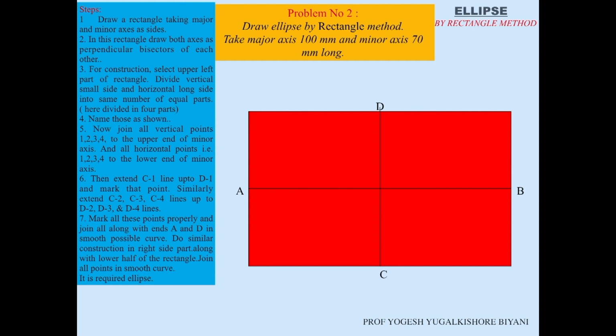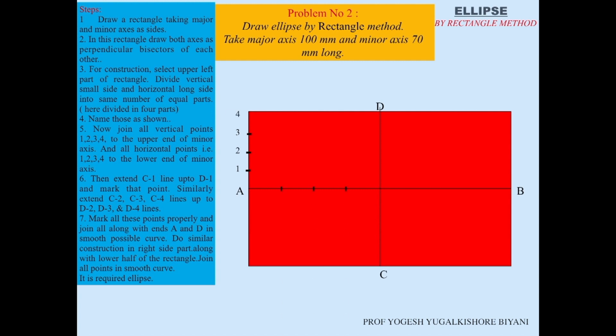For construction, we'll select the upper left part of the rectangle. We will divide the vertical small side and horizontal long side into the same number of equal parts. Let us divide it into 4 equal parts. See, I have divided it into 4 equal parts.